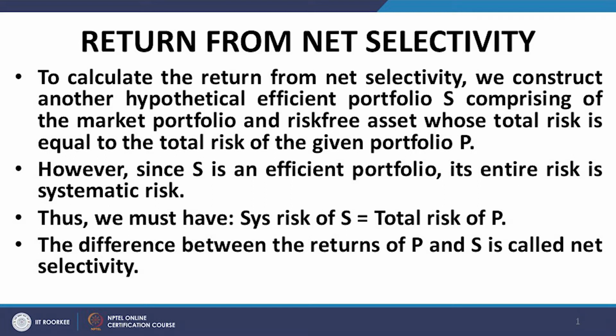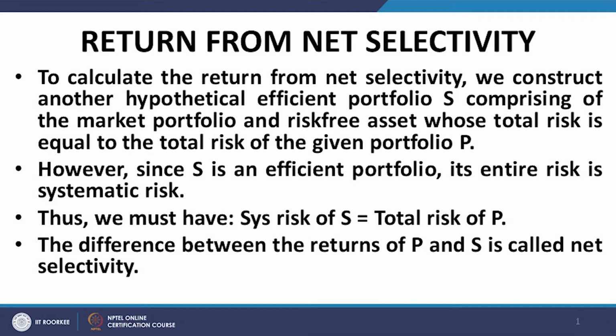So, let me repeat the procedure. The fundamental point is that the total risk of the portfolio P is equal to the risk of an efficient portfolio, which comprises only of systematic risk, which we call the portfolio S. So, because the total risk of portfolio P is equal to the systematic risk of S, we can obtain the beta value of S by equating sigma P square is equal to beta S square sigma M square.